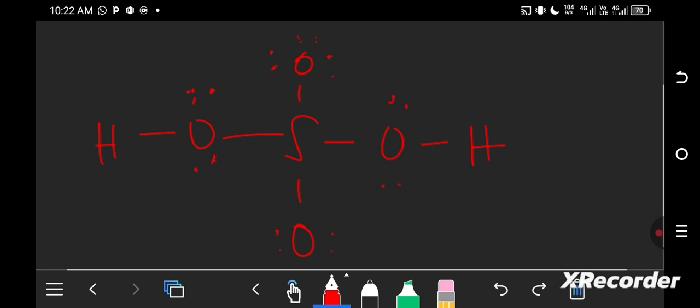So we have this as our compound. Then we are asked to calculate the formal charge for each atom in this structure.